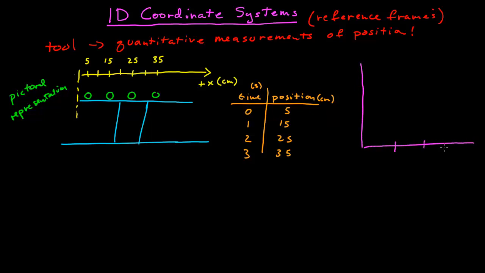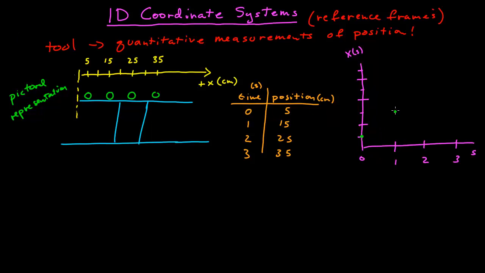If this axis is 0, 1, 2, 3 in seconds, and this is my position as a function of time, with 5, 15, 25, and 35. At t equal to 0, the position is 5.